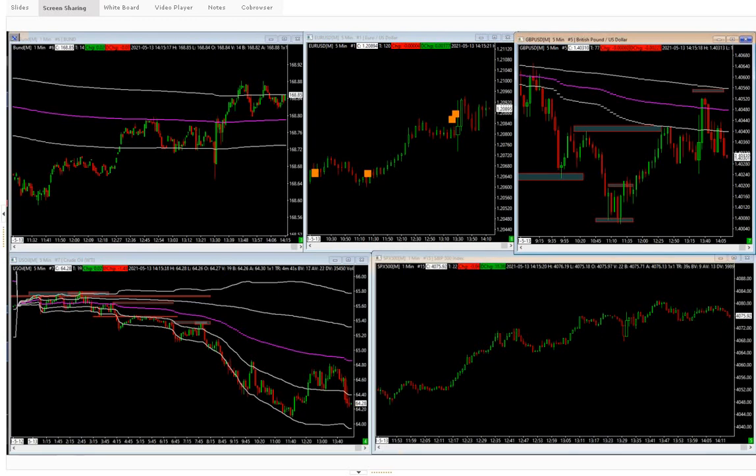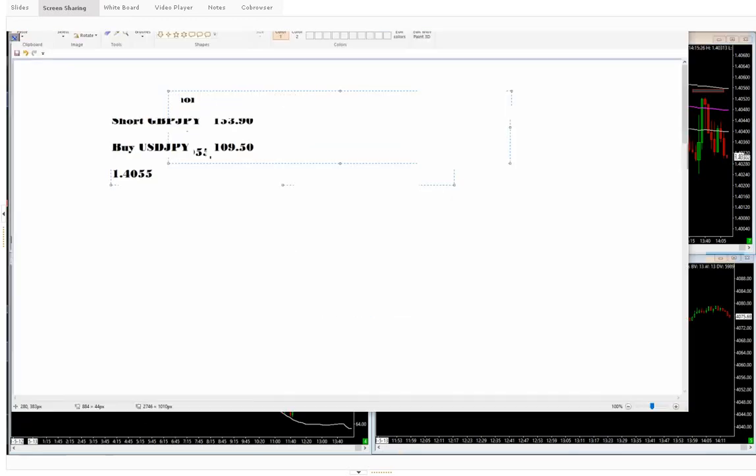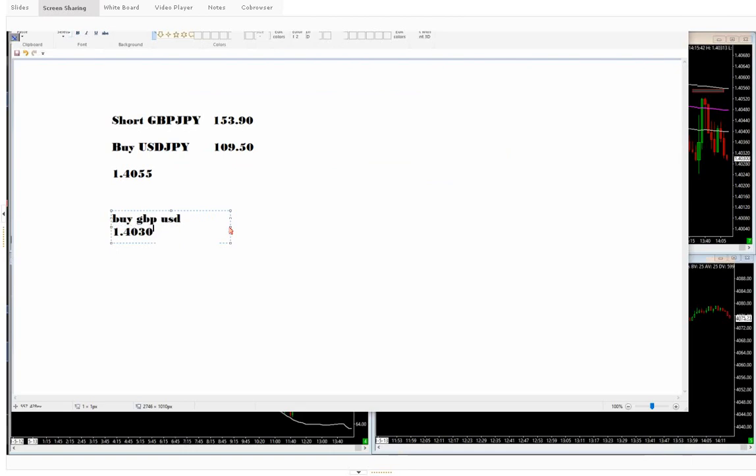If I now go in and buy the same amount of GBP USD at 140.30, I have got no exposure to the markets, guys. None whatsoever. I can't make money. I can't lose money. I'm effectively completely flat.